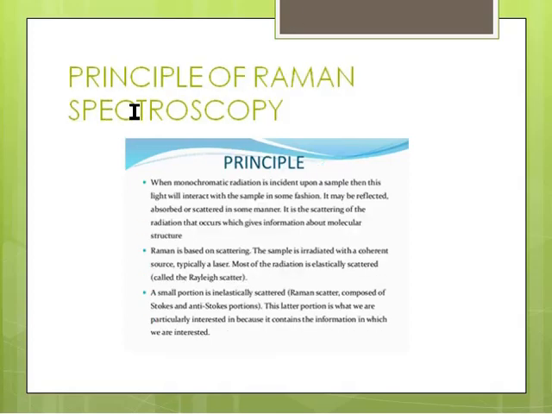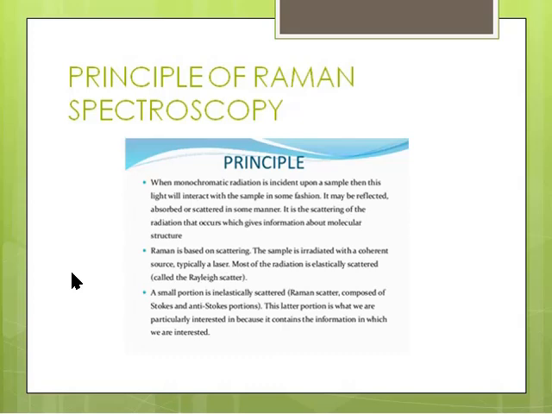Next topic is the principle of Raman spectroscopy. In principle, Raman spectroscopy is based on scattering. The sample is irradiated with a coherent source, typically a laser. Most of the radiation is elastically scattered, called Rayleigh scatter.